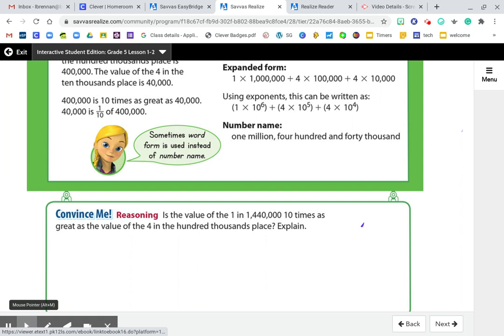If the number was written like this, then you could say the 1 in the millions place is 10 times the size of the 1 in the 100,000s place. To get it to the millions, you have to times it by 10. So, yeah. Okay, there we go on that.